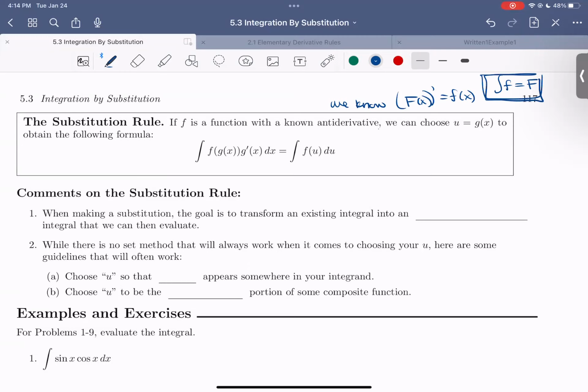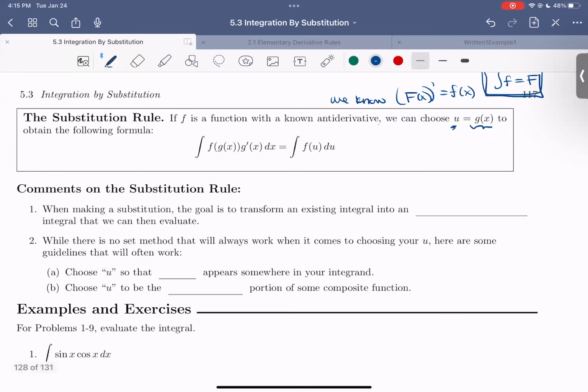We can choose u, so we can substitute u for a function g of x to obtain the following formula. So we can look at the integral of f of g of x times the derivative of g is equal to just f of u.